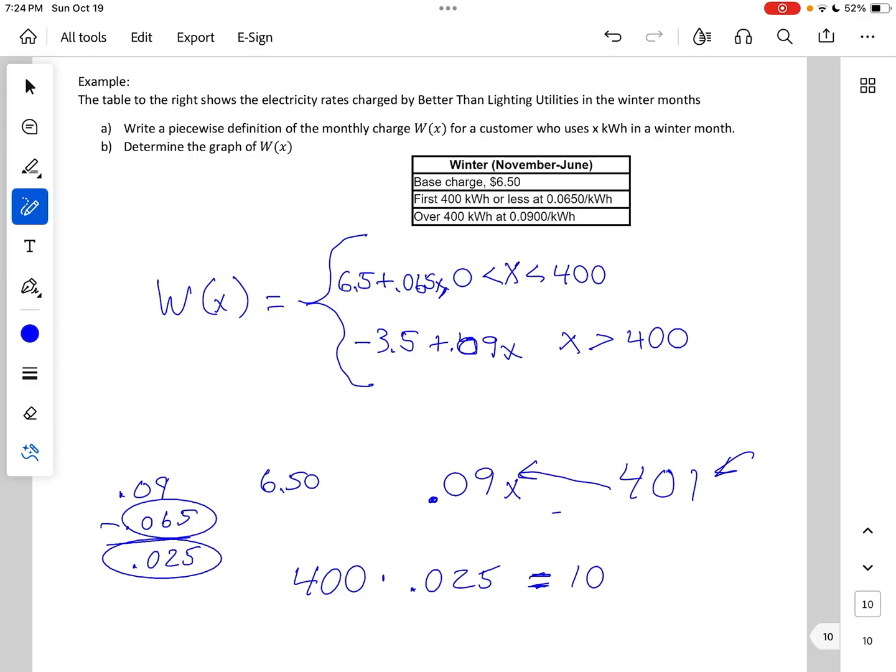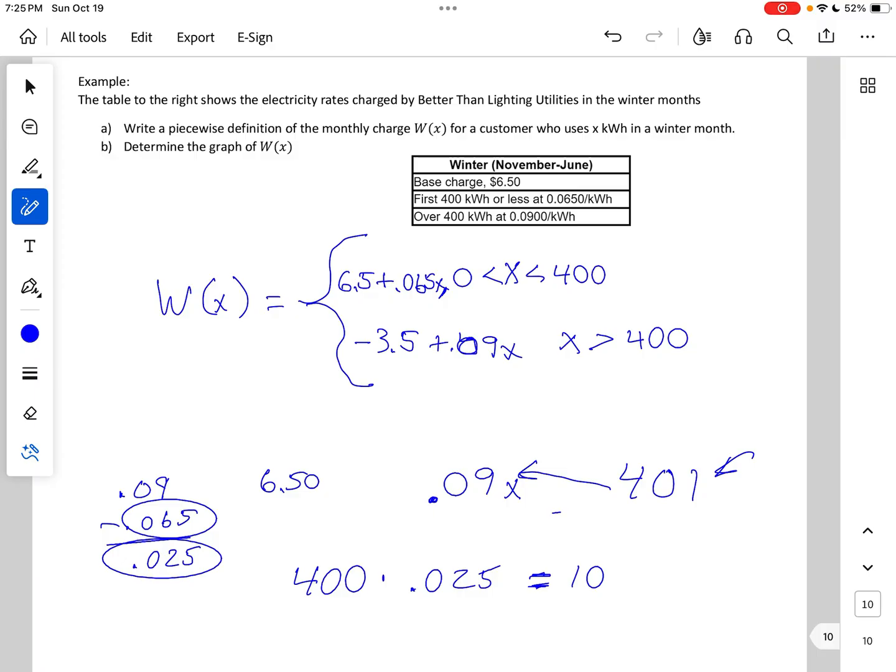So if we did have, let's just say 401 kilowatt hours, that'd be 401 times our 0.09 minus 3.5. Okay.